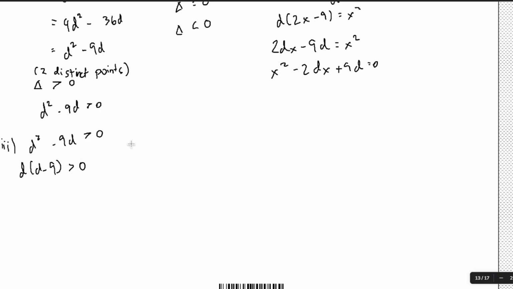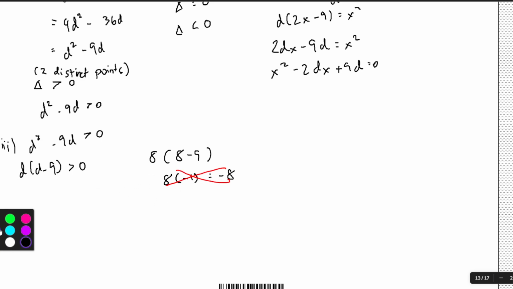Now, if we try a value that is in between 0 and 9, for example 8, which is a really easy one, we would have 8 times minus 1, and that would equal minus 8, which does not suffice for this equation right here, okay? But if we have a value that is greater than 9, okay, hold on, let me process.